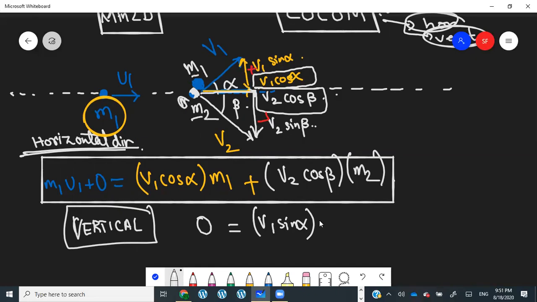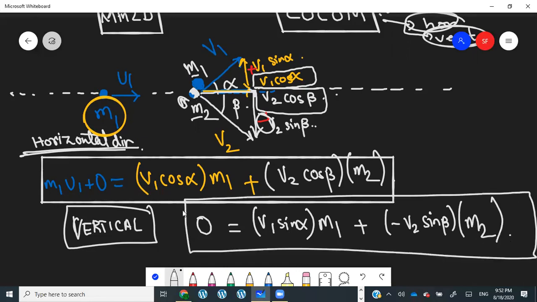Do not forget to multiply with the mass, because we are using momentum. Then add the vertical momentum of the white body: the vertical velocity is v2 sine of beta, but with a negative sign, multiplied by the mass of the white body, m2.